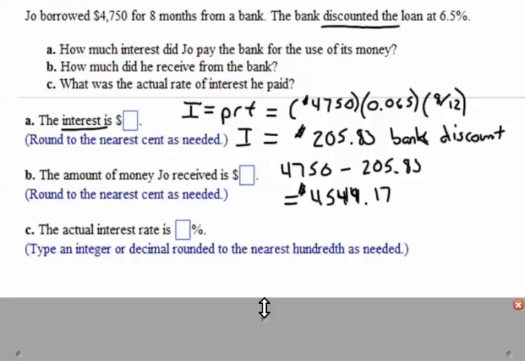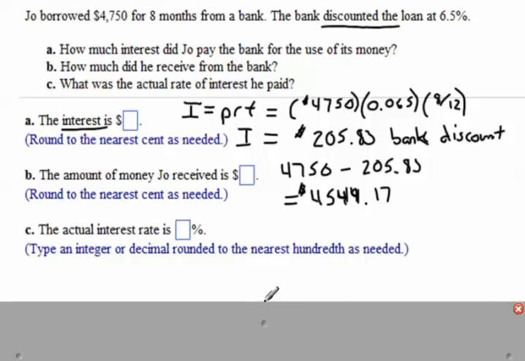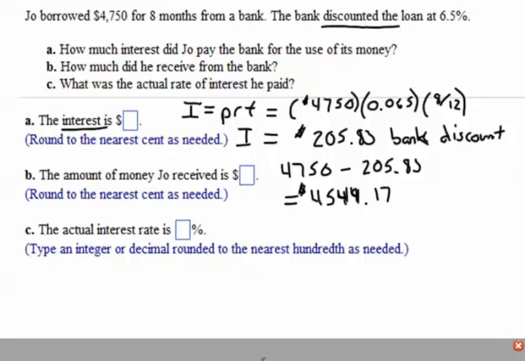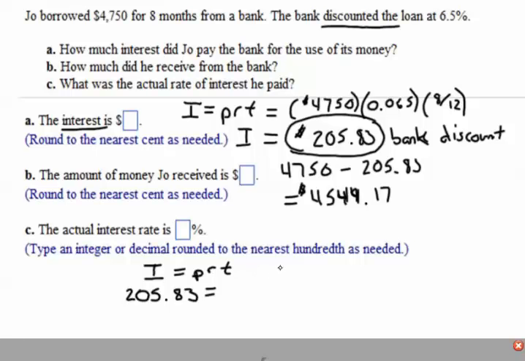we would actually have to use that amount that we just received as the principal. So again, the simple interest formula is I is equal to P times R times T. I is equal to the bank discount from Part A, so that'd be $205.83 is equal to the principal.